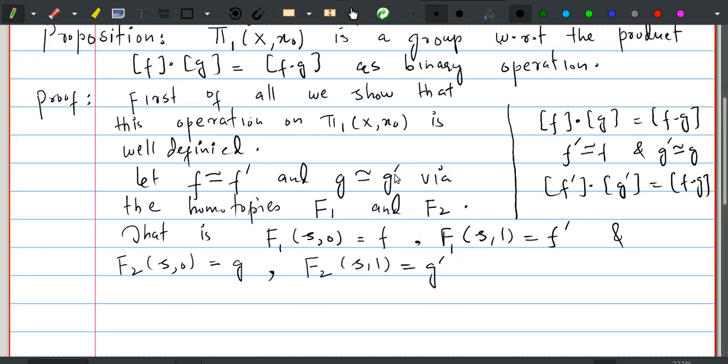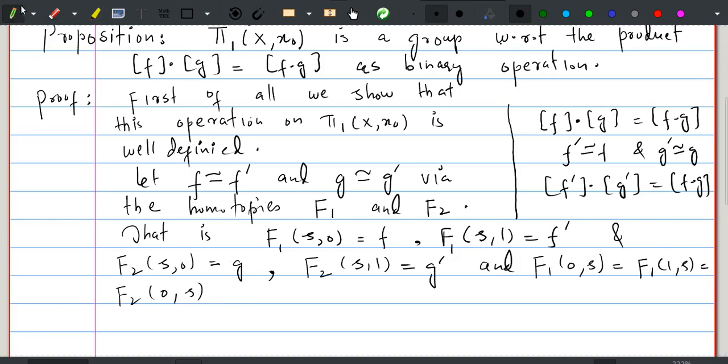Now since f and g are loops, and big F1 and big F2 are homotopies, F1(0, t) is the same as F1(1, t), which is the same as F2(0, t) and F2(1, t).